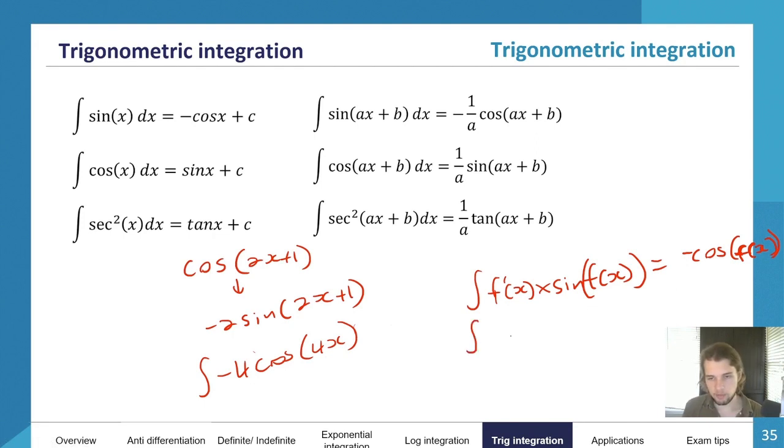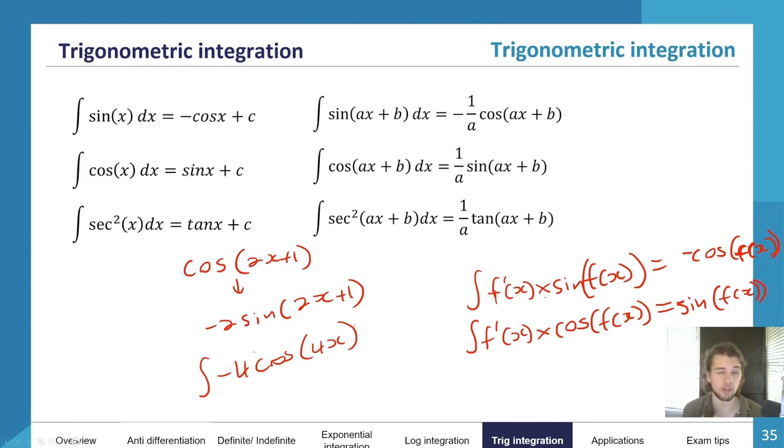And similarly, if we were looking at f'(x) multiplied by cos f(x), the integral of that would become sine f(x), no negative here. So that's our more generalized formula where we use f(x).